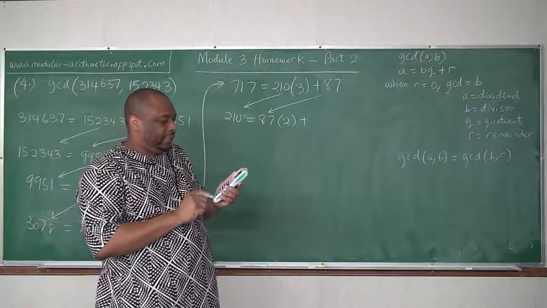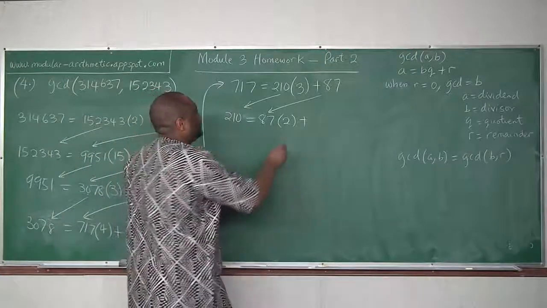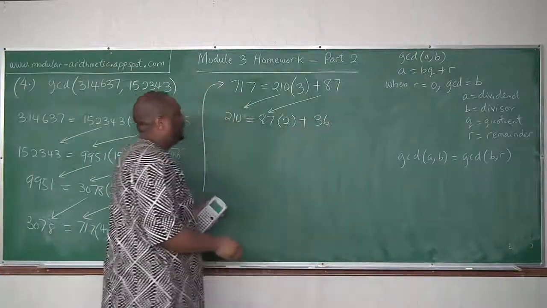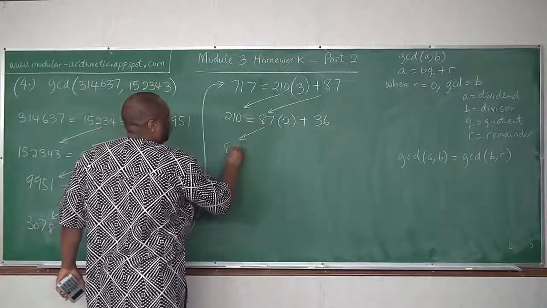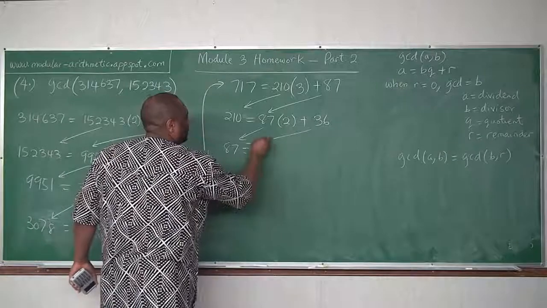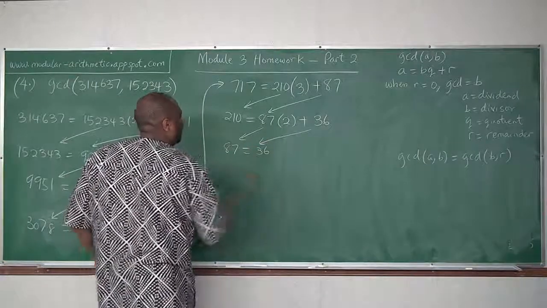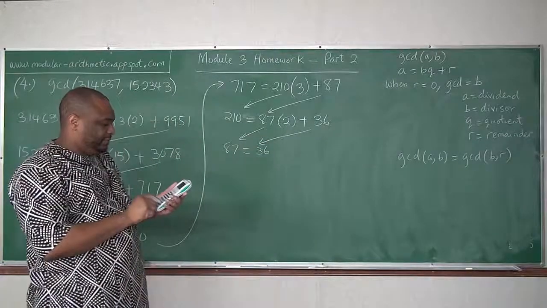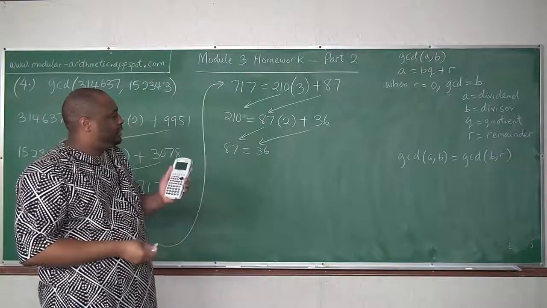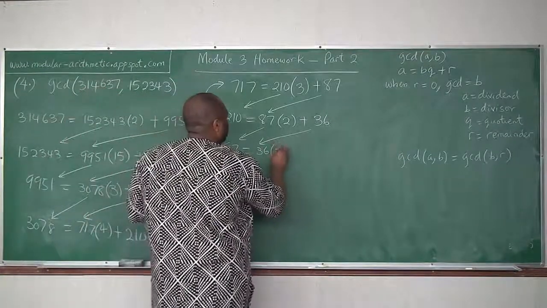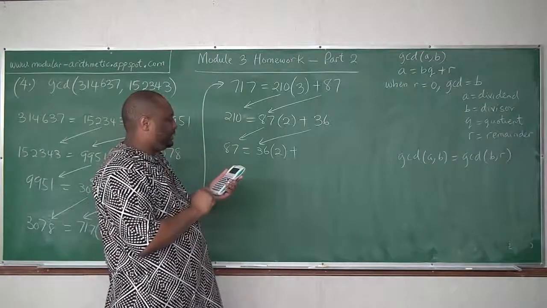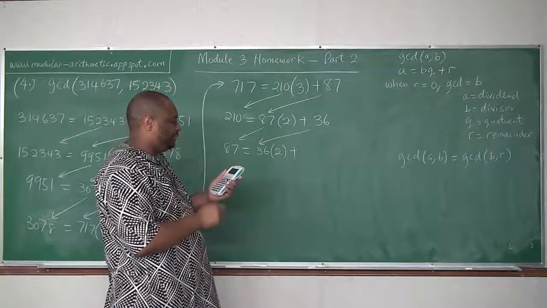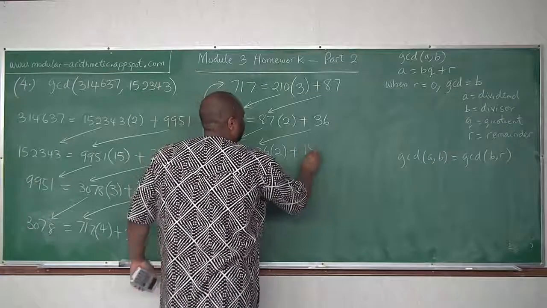Subtract it from 210, we have 36. Okay? And the next one will be 87 equal to 36 times, 87 divided by 36. We take the integer part 2, plus 36 times 2 is 72. Subtract it from 87, you have 15.